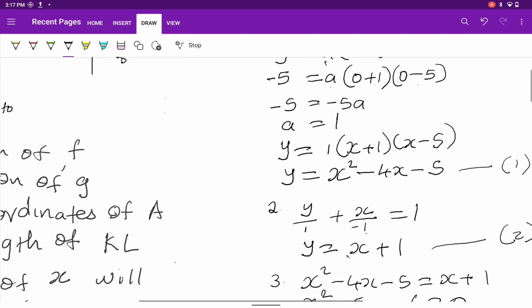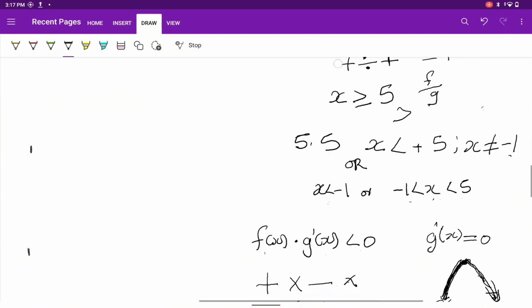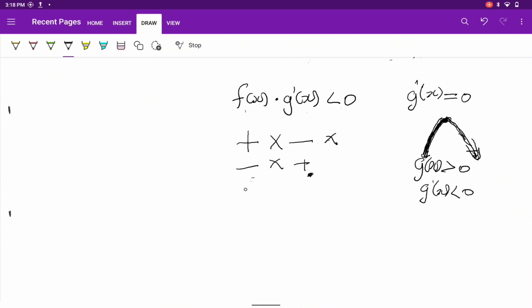The f graph where it is drawn below, we said is between -1 and 5, because the g graph is increasing everywhere. So our answer is between -1 and 5. That is where the g graph is increasing and the f graph is drawn below.